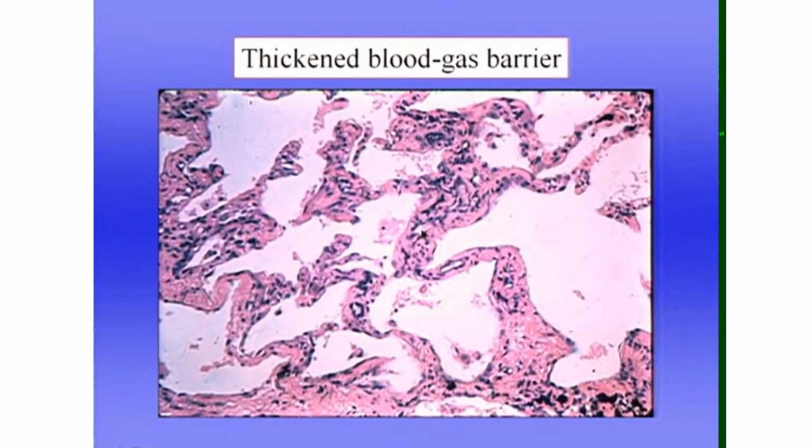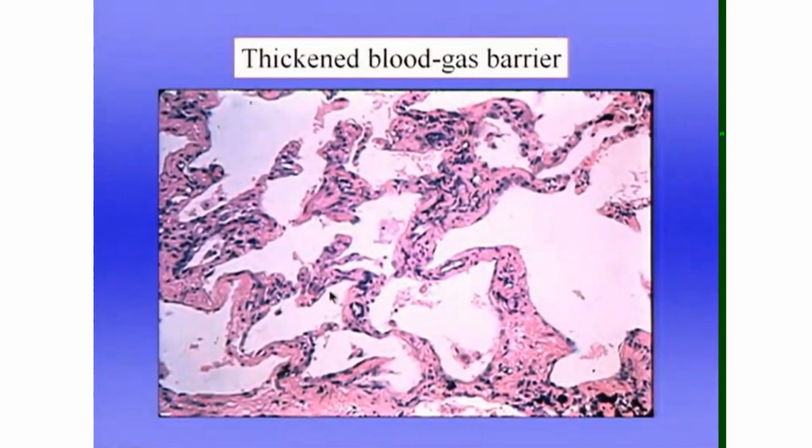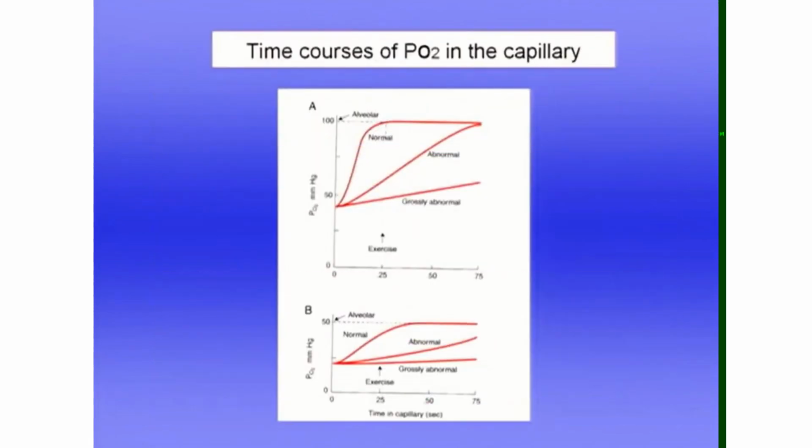Here's one here, here's one here, here's one. They're not easily seen because one of the things fibrosis does is it destroys the capillaries. But you can see that in a case like this, you're not going to get the rapid diffusion that you get in the normal lung, quite the contrary. Diffusion in a situation like this is going to be extremely slow because the thickness of the blood-gas barrier is much increased, and therefore we're going to have a problem.